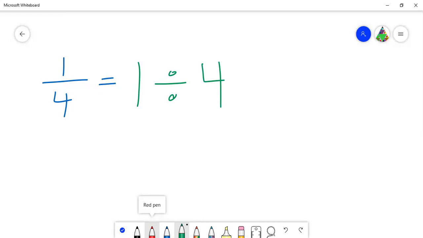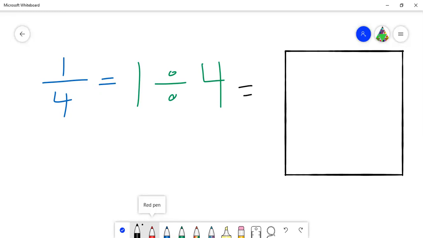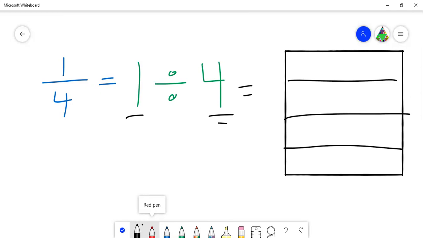Okay. So if we go back to what we know about arrays, if I was to draw one array and cut it into 4 equal pieces, of course, as you can see, I have 1, 2, 3, 4 pieces. I'm now going to represent the 1 by shading in any one of these pieces.